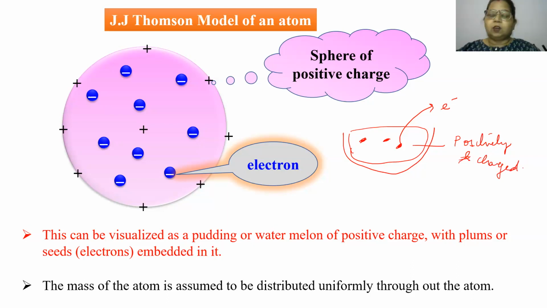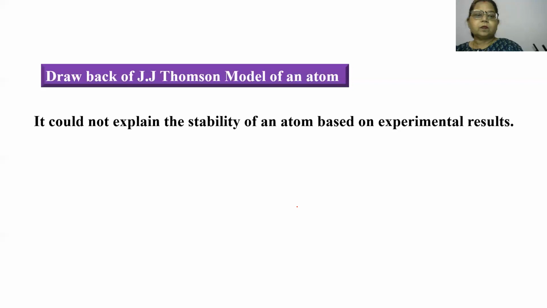And again, we cannot draw the plum pudding model stating that electrons are in a clustered manner. You should not draw it in a clustered manner, right? Now, every model has to be followed by its drawbacks. Why are you discarding it?